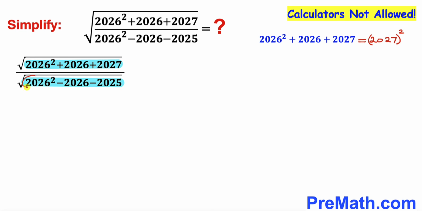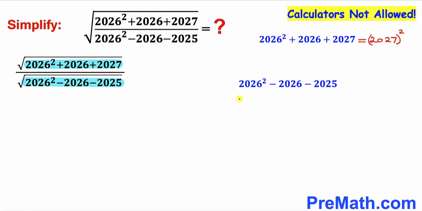Now we are going to focus on this radicand at the denominator, 2026² − 2026 − 2025. And here I have copied it down. And now let's make an observation between these first two terms. 2026 is in common.